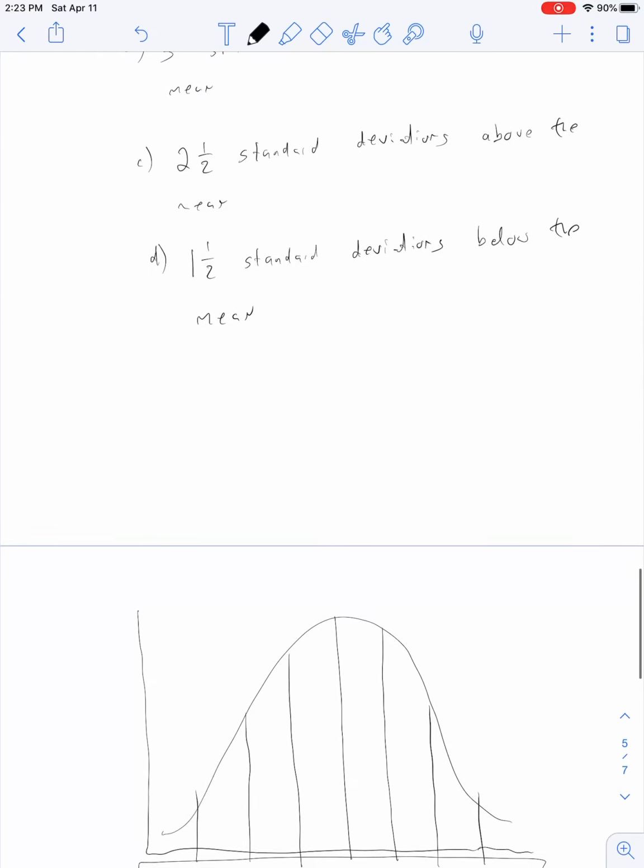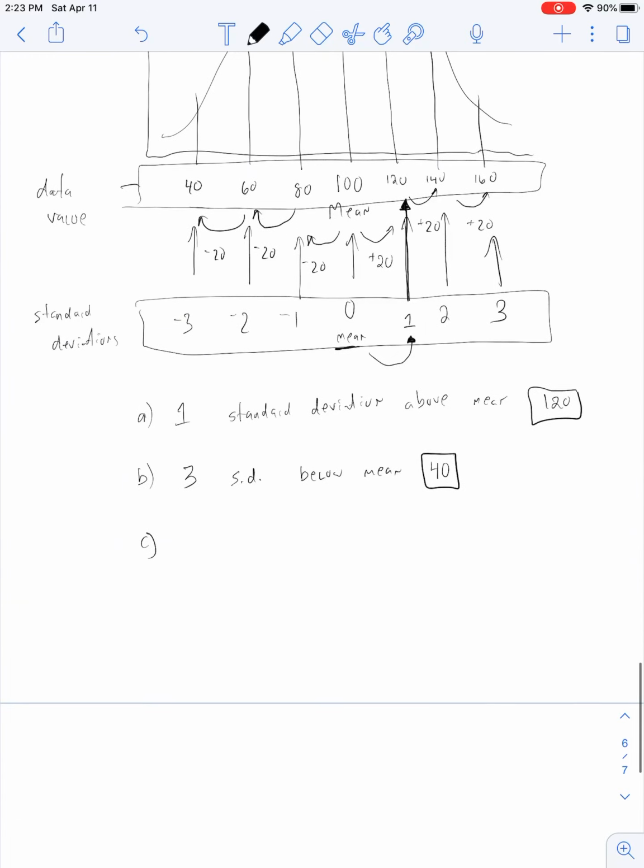Okay, and part C, 2.5 standard deviations above the mean. So here's our mean. This is 1, this is 2, and this is 3. So 2.5 is somewhere in the middle there.